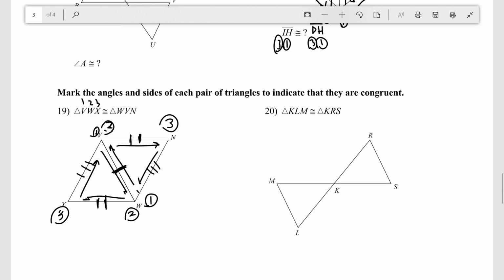Now let's also move on to angles. Angle 1 on my first triangle is going to be up here. For my second triangle, since my triangle is starting at W, it's going to be here. Next, we move on to number 2 of my triangle.